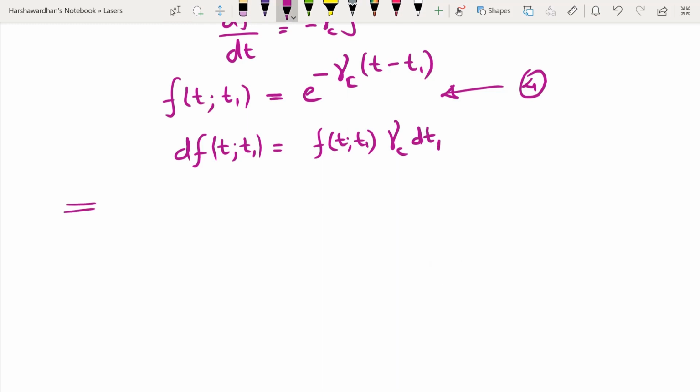My claim is the following, that if I integrate from minus infinity till the time t of df, you see that this quantity will give me 1. Clearly, this gives you some sort of a probability density or probability distribution associated with these collisions. So that is my probability distribution which I have to worry about.